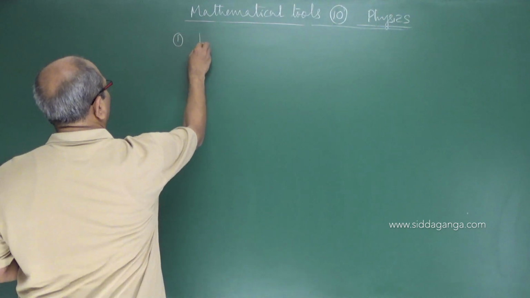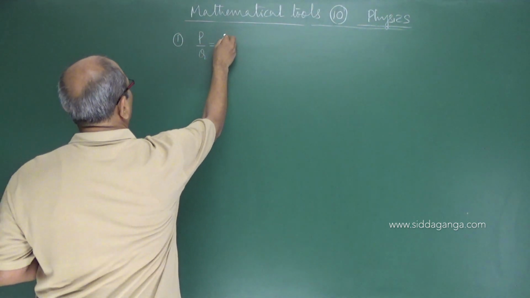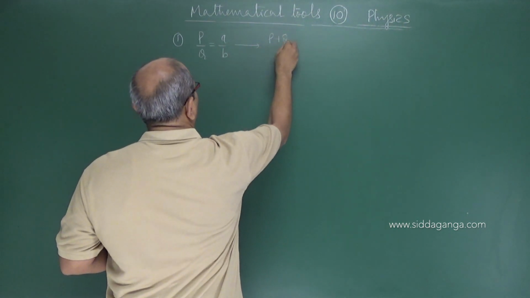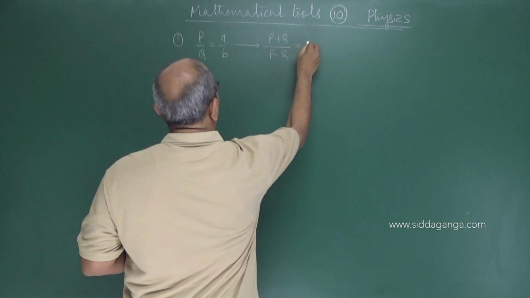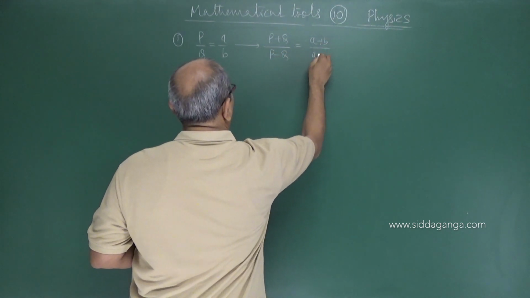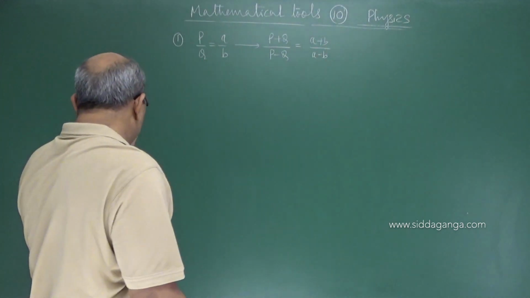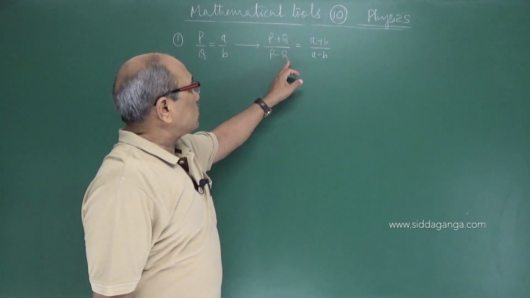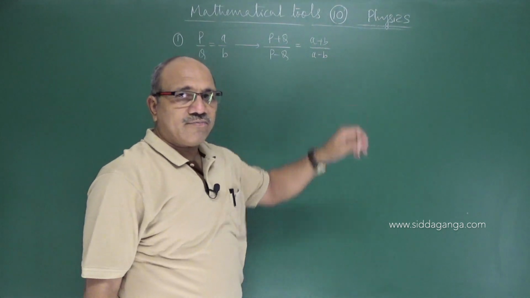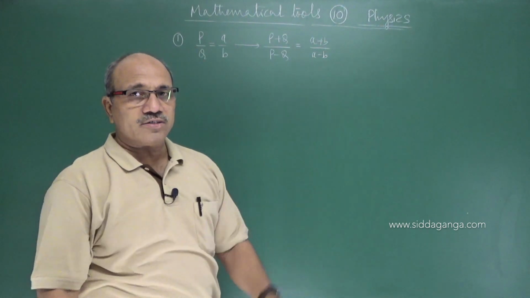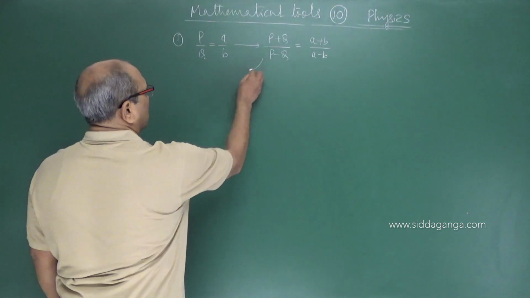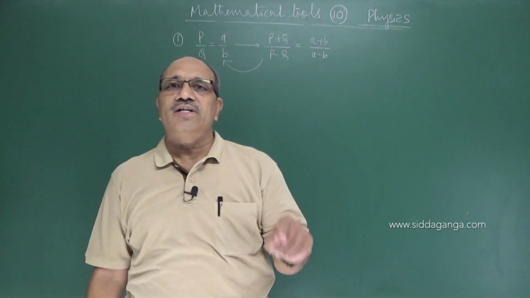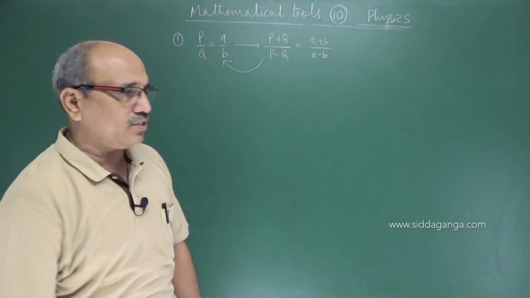If P by Q is A by B, then you can directly use P plus Q by P minus Q equal to A plus B upon A minus B. Suppose when you see the situation in solutions where P plus Q by P minus Q appears as A plus B upon A minus B, without any cross multiplication and simplification, you can directly arrive at this relation: P by Q equal to A by B. This is called the compound and dividend rule, an important relation used in physics.